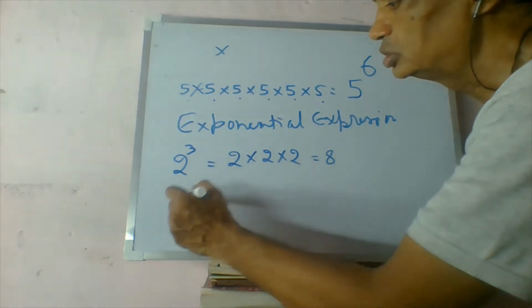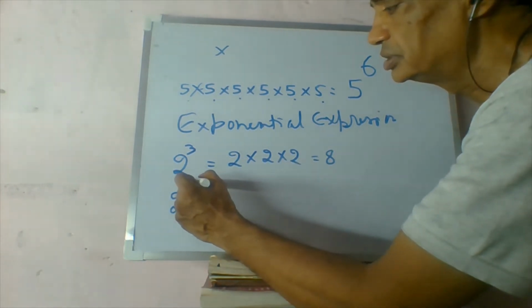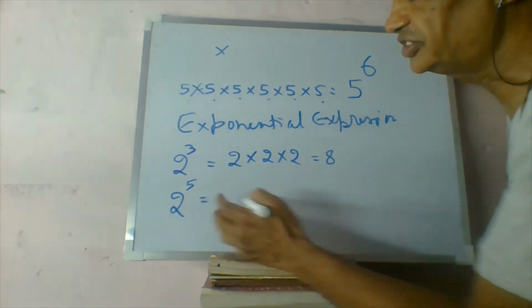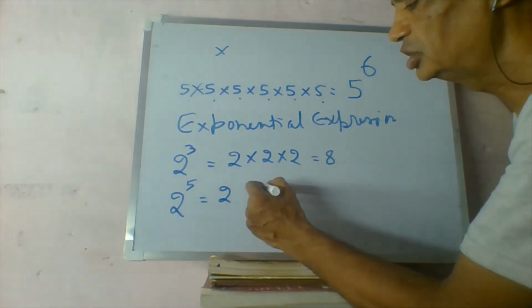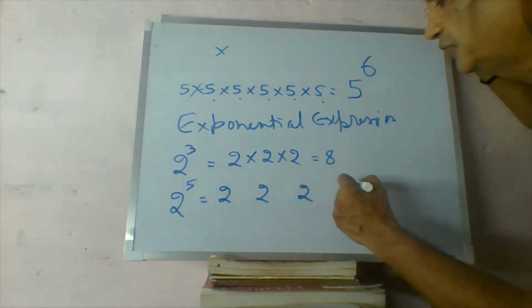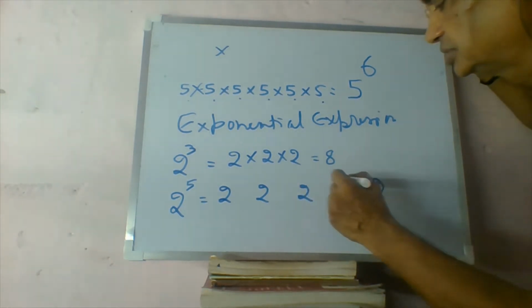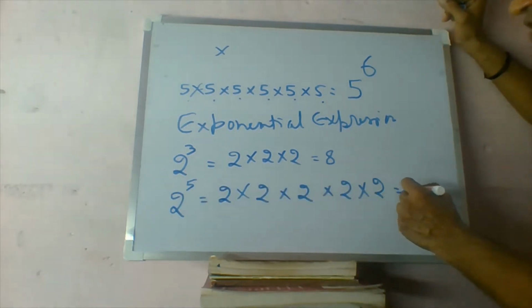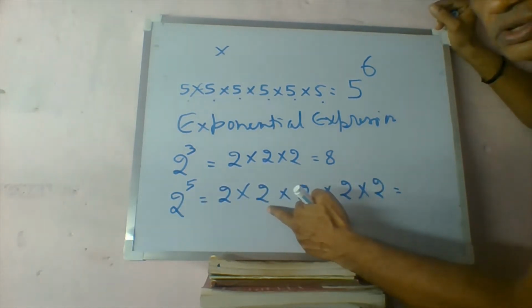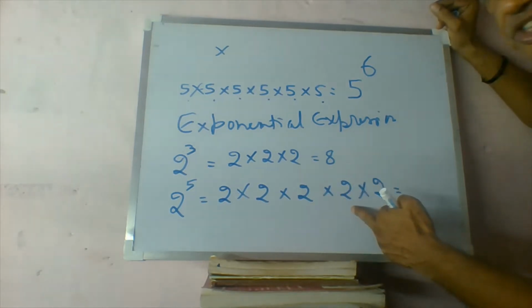So 2 to the 5 is 5 twos multiplied together. 1, 2, 3, 4, 5 twos multiplied together. So 2 to the 4 is 16.